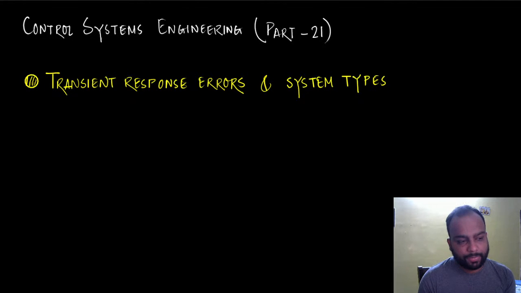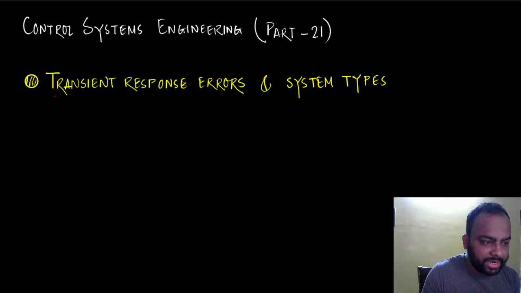Now, transient response in essence is kind of a misnomer. The term transient response not only talks about the transient states, but also talks about steady states. So instead of calling this transient response errors, I should call this just time response errors.